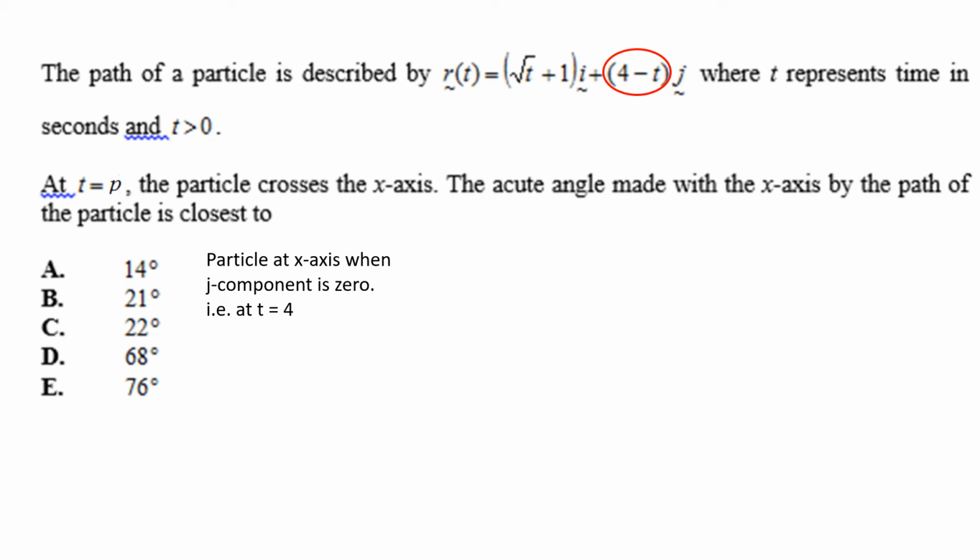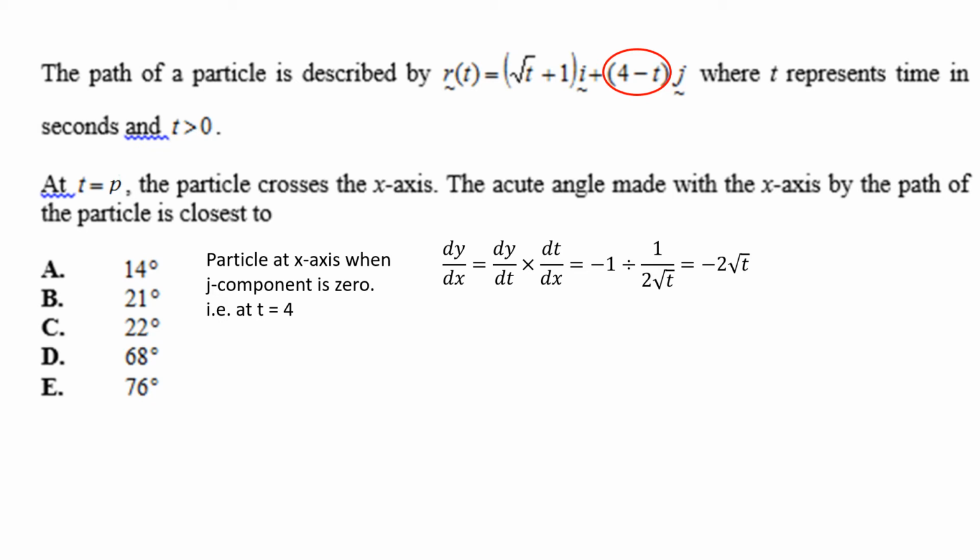Another approach is in fact to get an expression for dy/dx in terms of t using the chain rule. So this is just one approach you could take. Let y as a function of t be the j component, 4 minus t. Let x as a function of t be the function assigned to the i component.